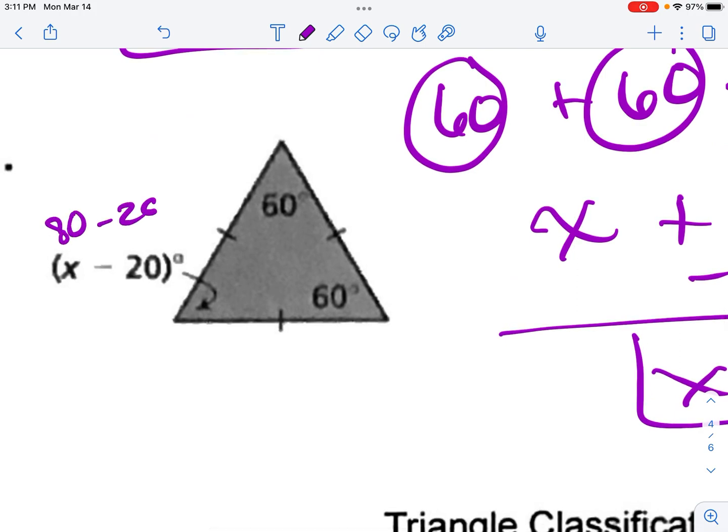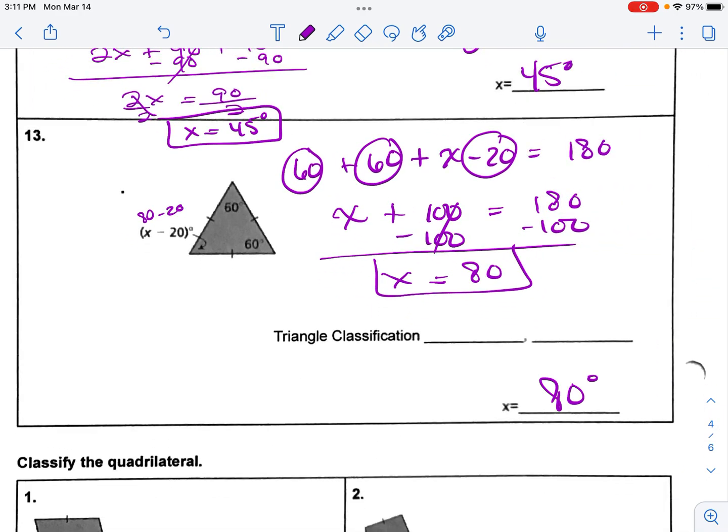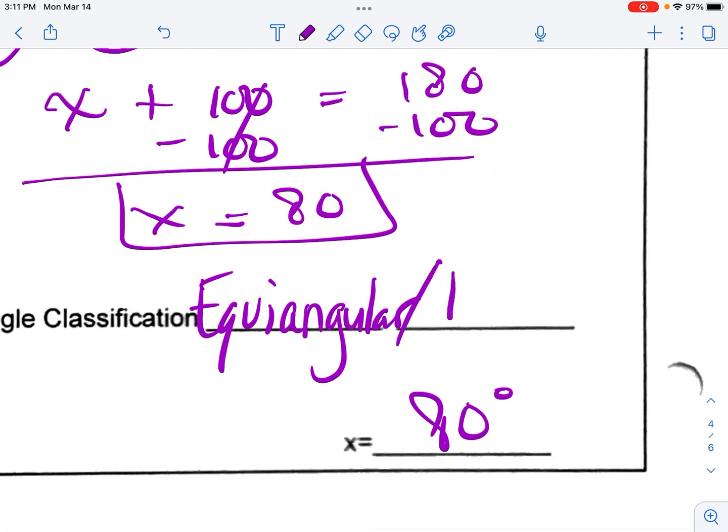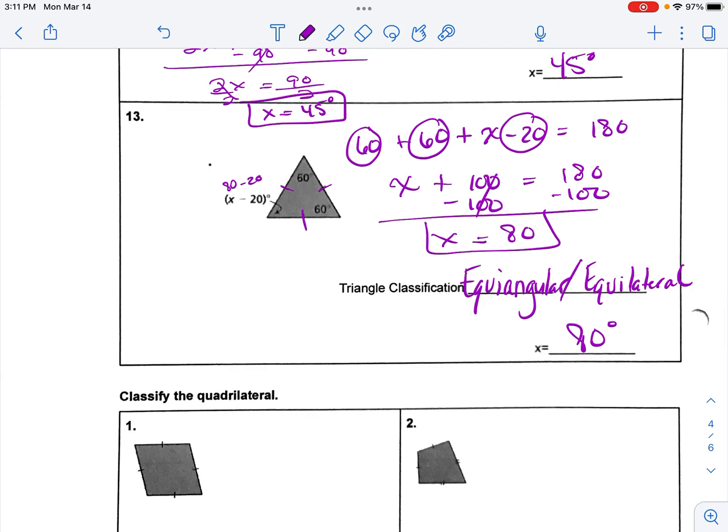And if you put 80 here, 80 minus 20 would be 60. So that makes sense. This would be equiangular because they're all 60 degrees. And all three sides measure the same, so it's also equilateral. Equilateral, equiangular, and x is 80 there.